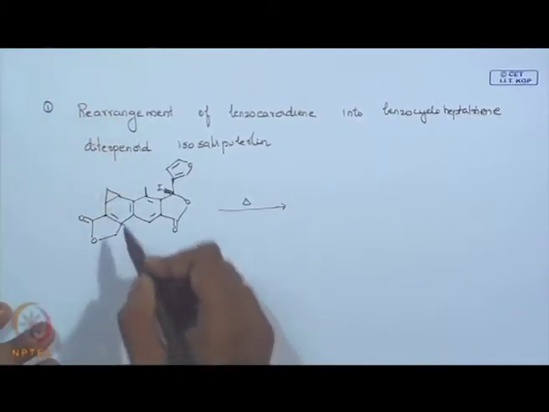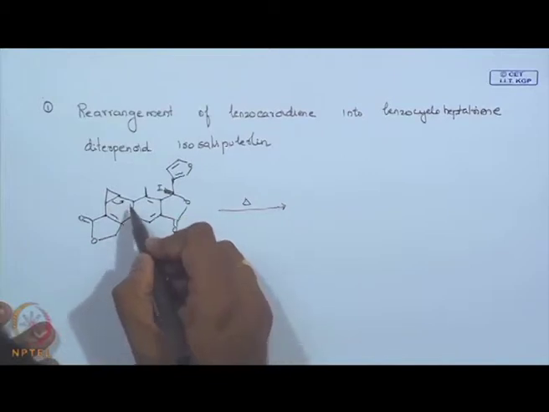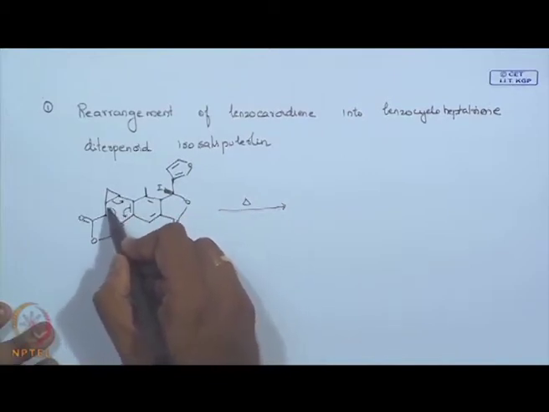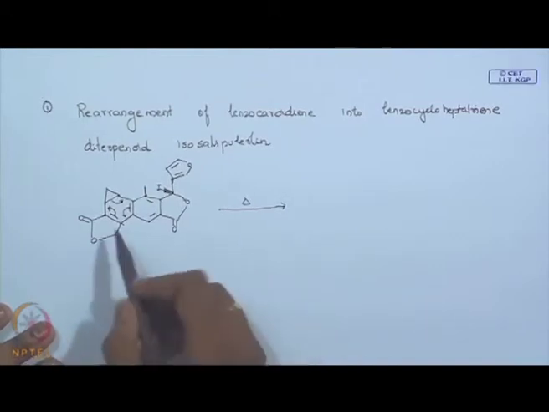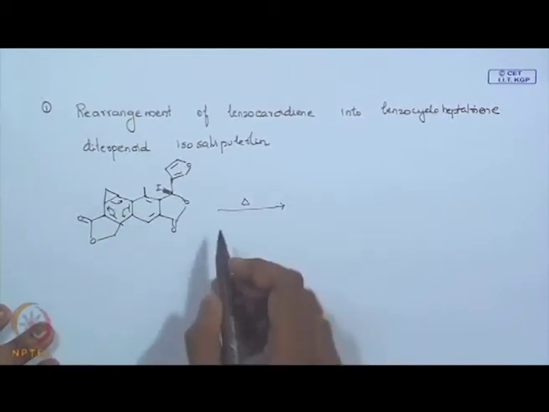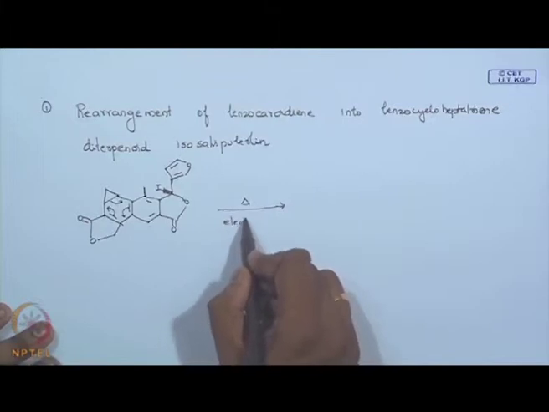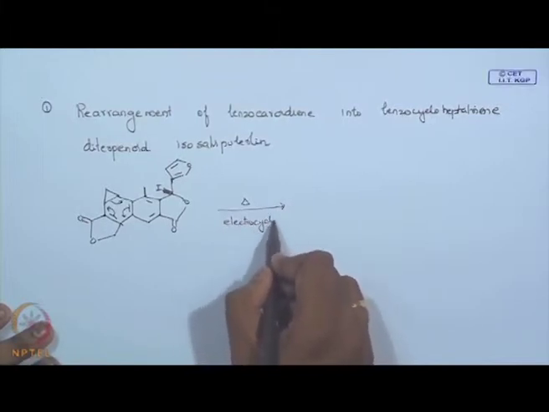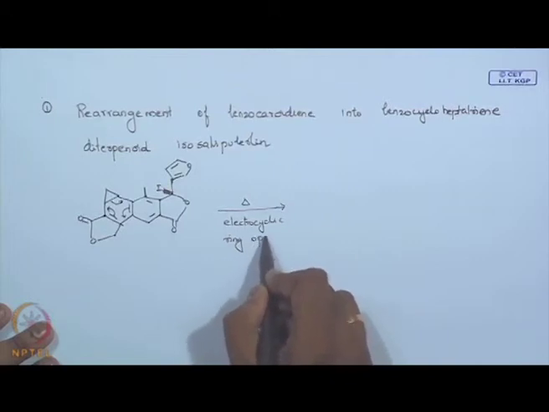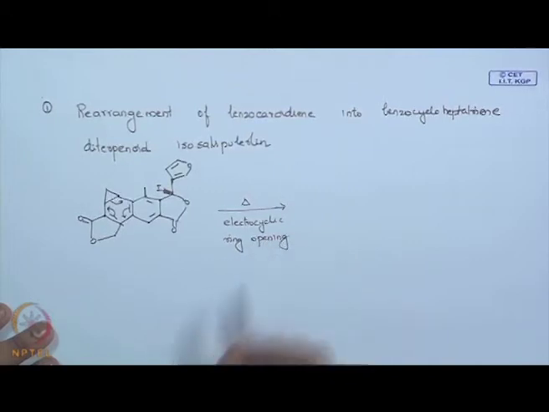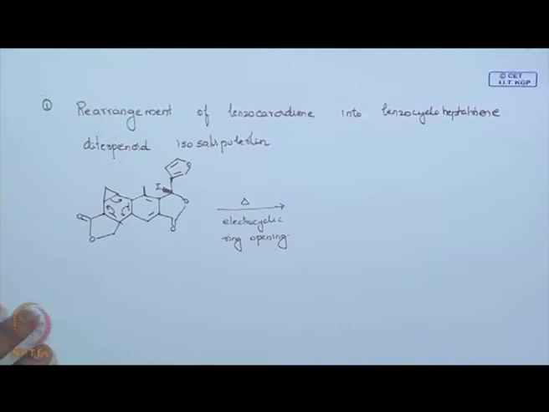That's all. So I can do a nice electrocyclic ring opening if I take this compound, because it is mostly under strain also. So it opens very nicely. So your first step is electrocyclic ring opening. So electrocyclic ring opening happens here.